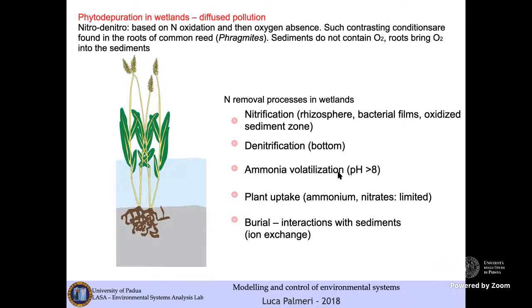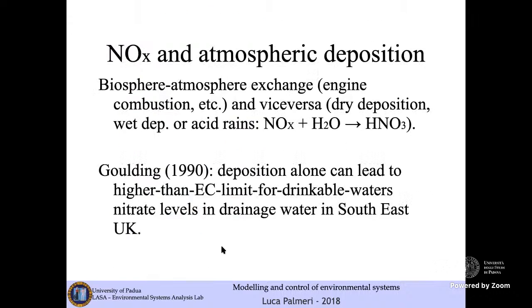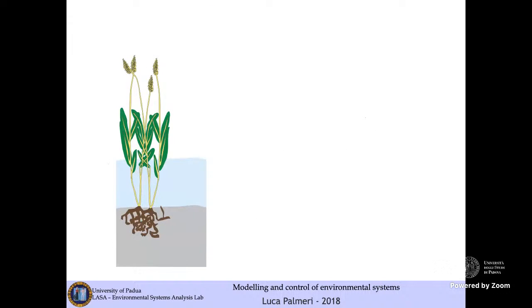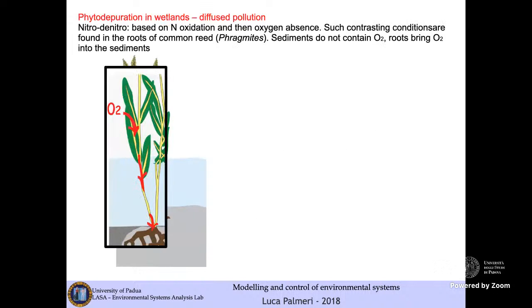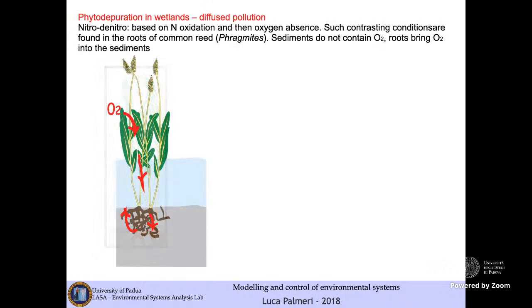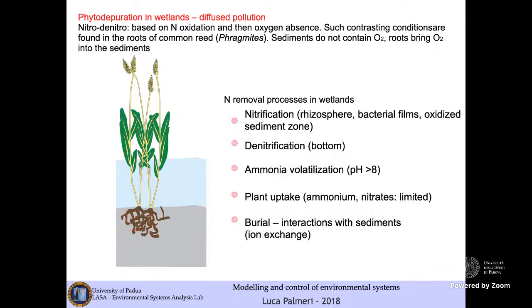into the biosphere. And then you have barriers, so interactions between the water column and the sediments. So you have ammonia that is buried into the deep root zone. And these processes are strongly controlled by ion exchange.